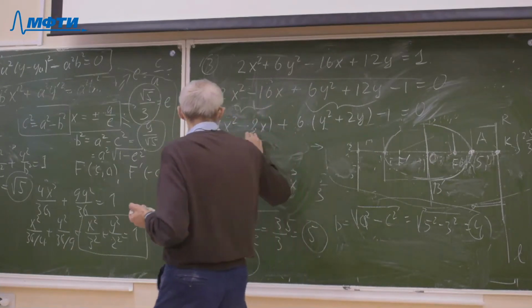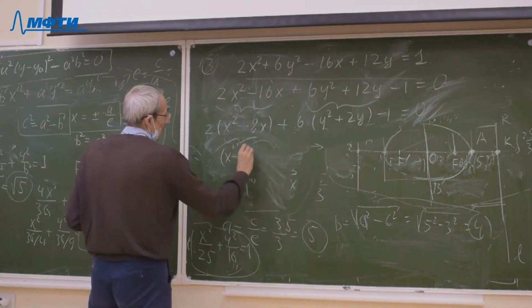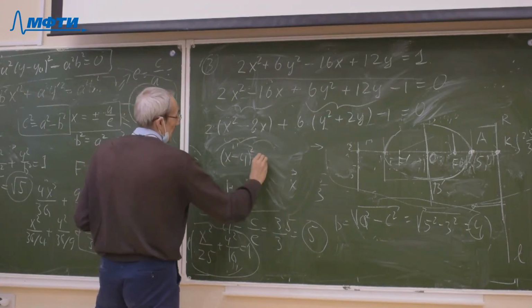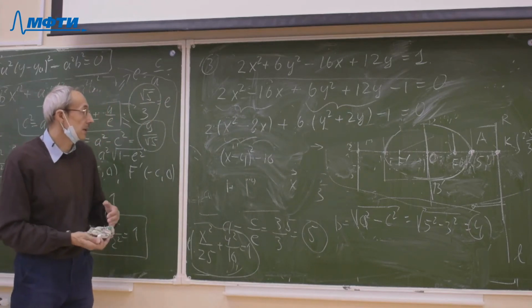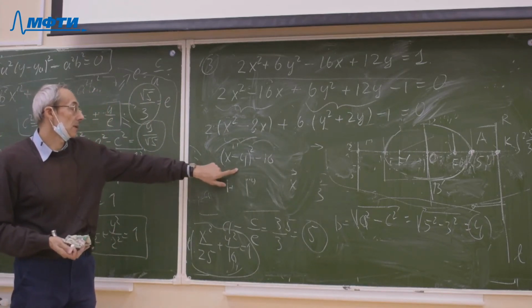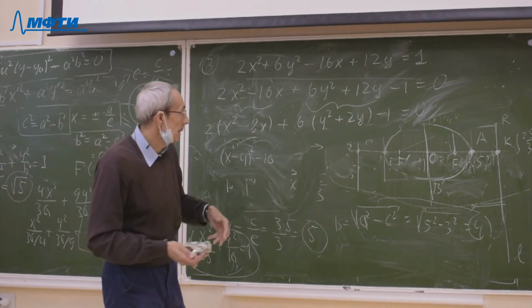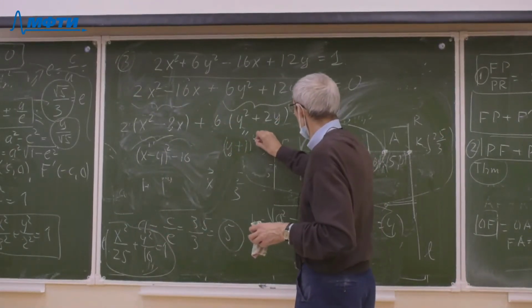This expression is equal to (x minus 4) square minus 16. Easy to see. x squared minus 8x plus 16 minus 16. And the other expression is equal to (y plus 1) square minus 1.